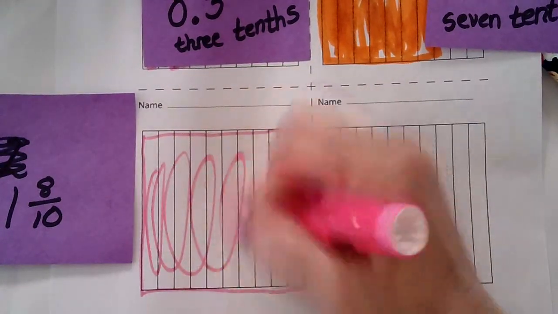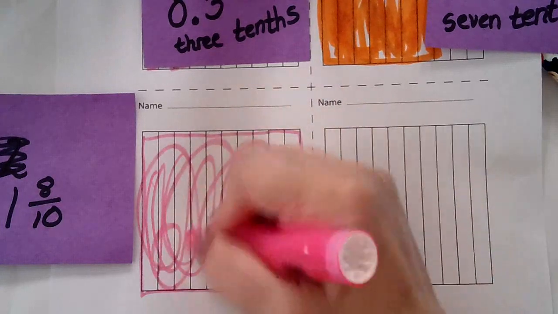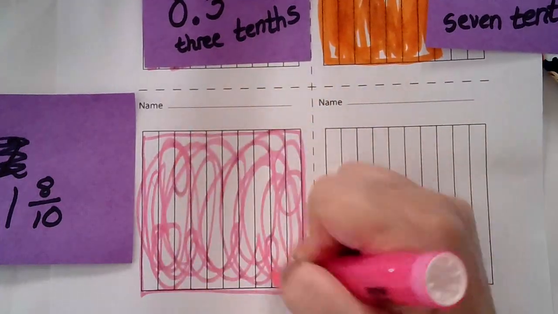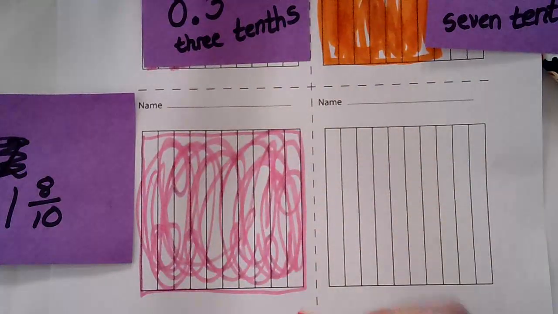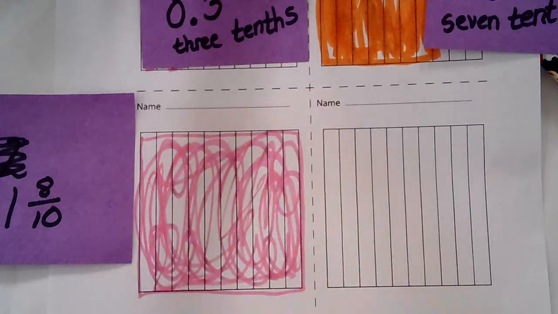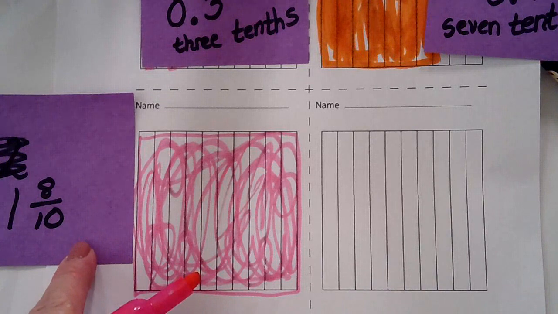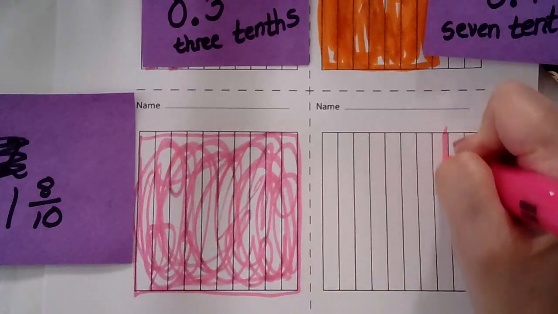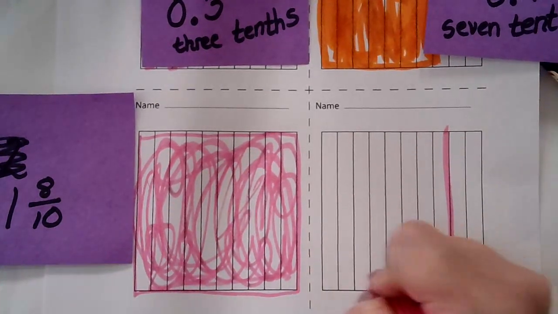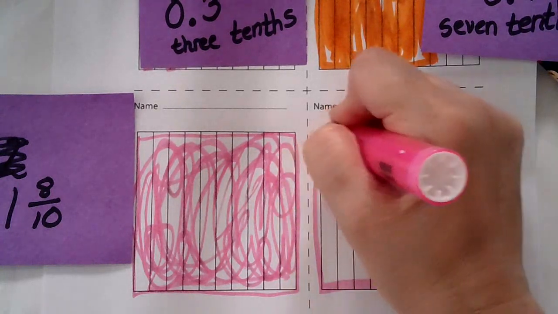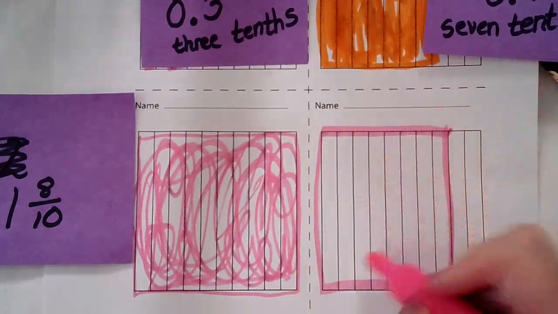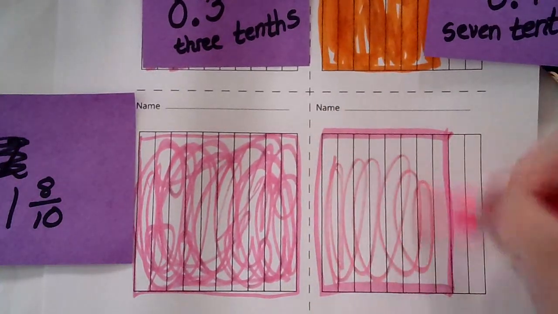Just pretend that all of that is shaded. Now we need to represent 8/10, or 8 parts out of 10. I'm going to count 8 of these rectangles and shade all of that in.